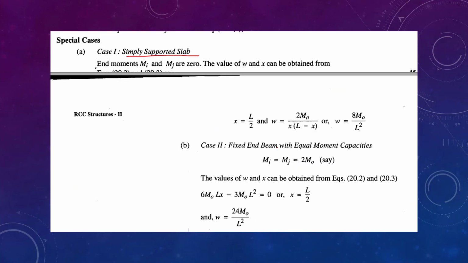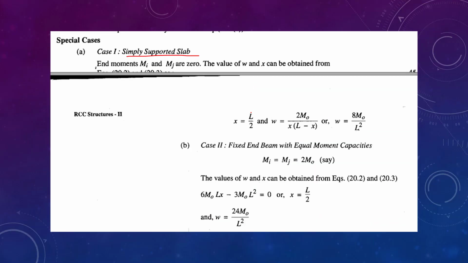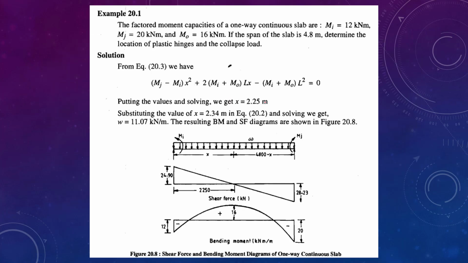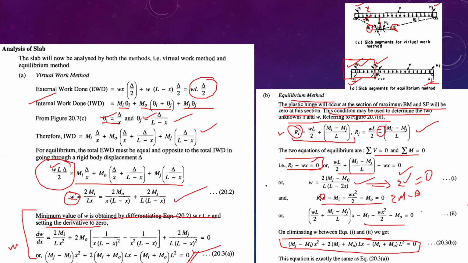From the equations of W, we can find that in the case of a simply supported beam, Mi and Mj will be equal to 0.